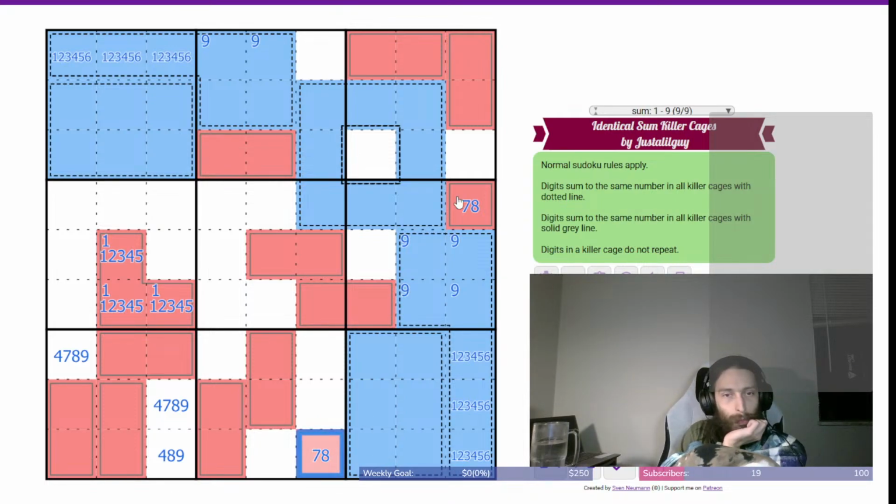I feel like it's important that we know that these two are the single digit value, and that they're ruled out of these. So if they're in the ring, they have to be here. And if they're not in the ring, they have to be here.